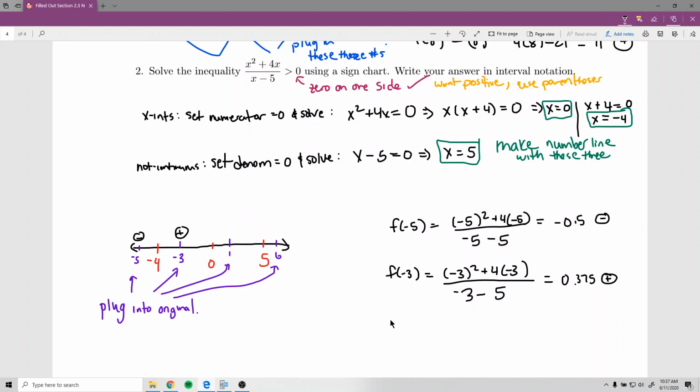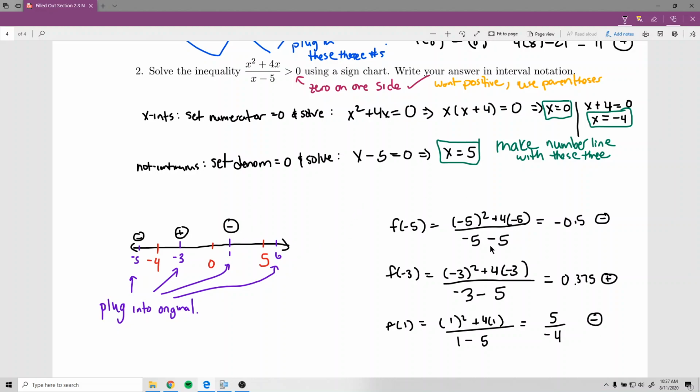Next number we're plugging in is 1. So we got 1 squared plus 4 times 1 over 1 minus 5. This is nice and small, I'll just do this one by hand. On the top we have 1 plus 4 is 5. And 1 minus 5 is -4. That's a negative number. We got a negative there.